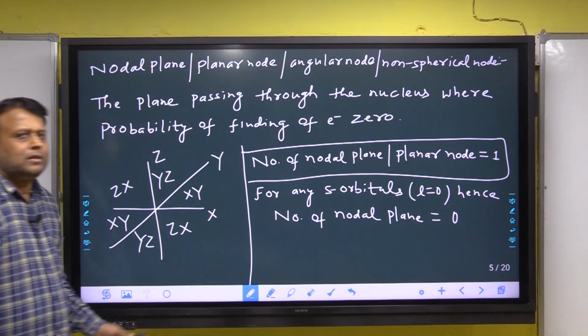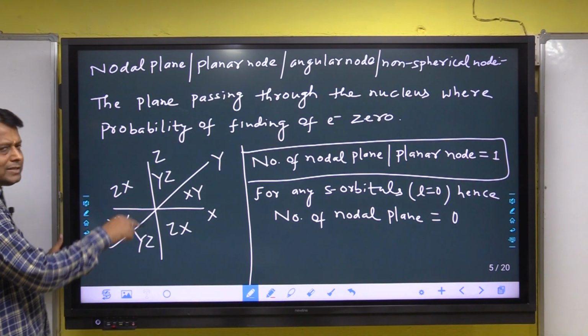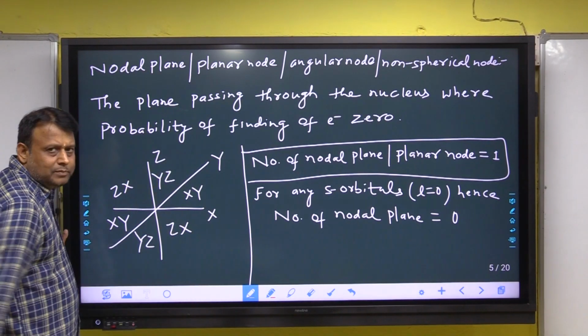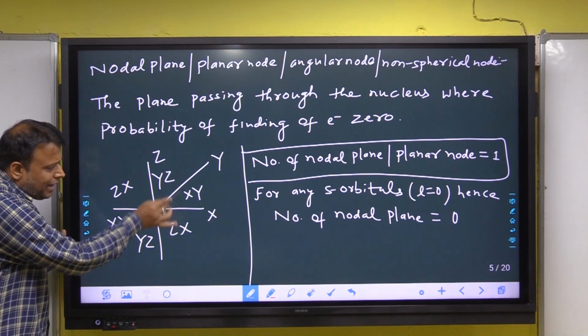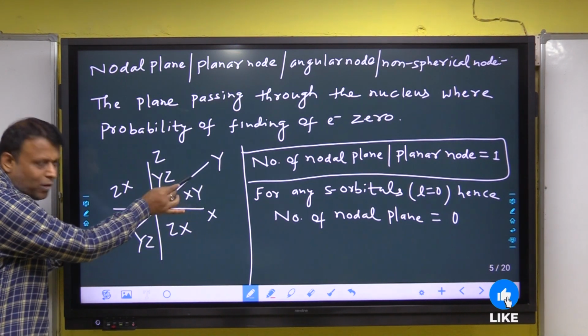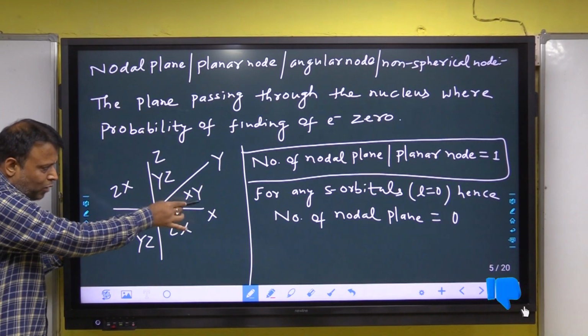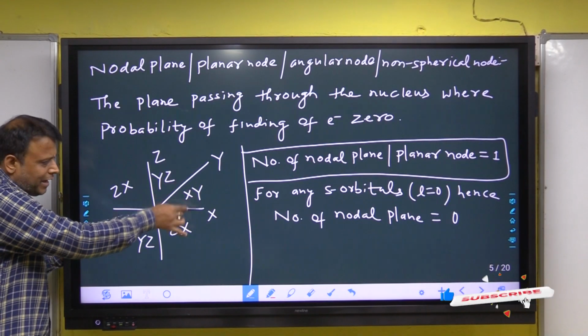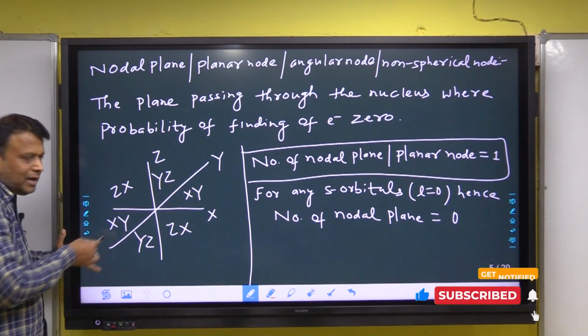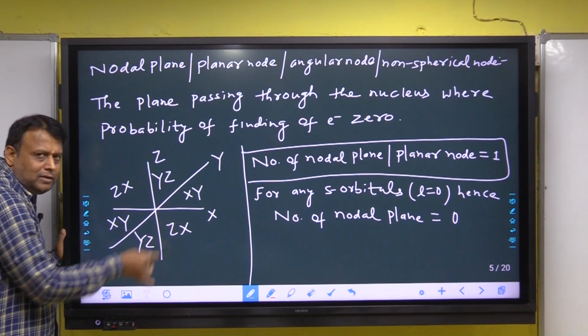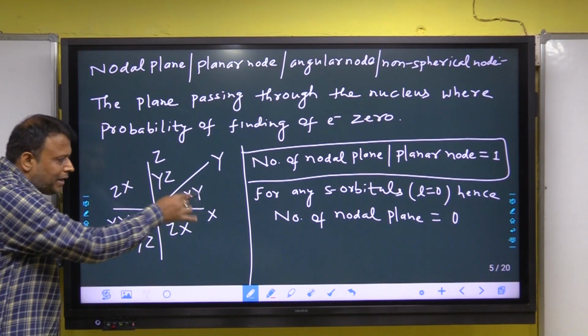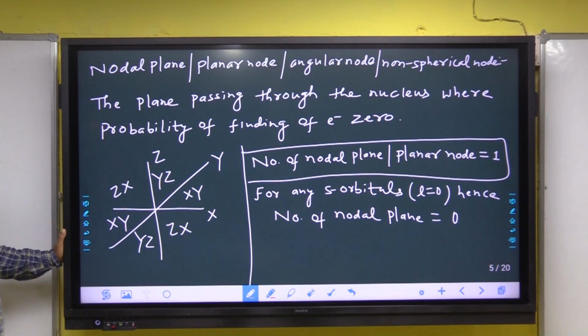Clear? Listen, about planes, there are 3 axes, x, y, z. XY plane, look at the board. In between x and y, the plane is called the xy plane.